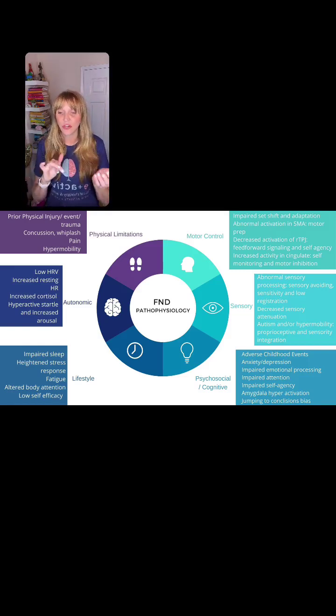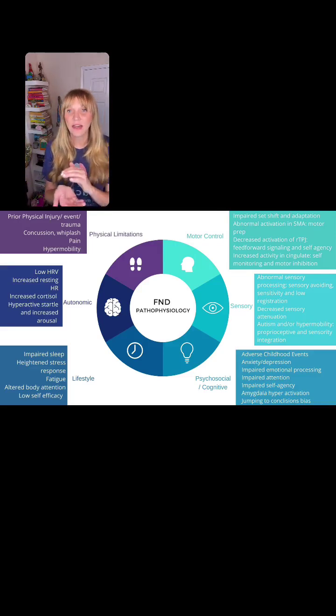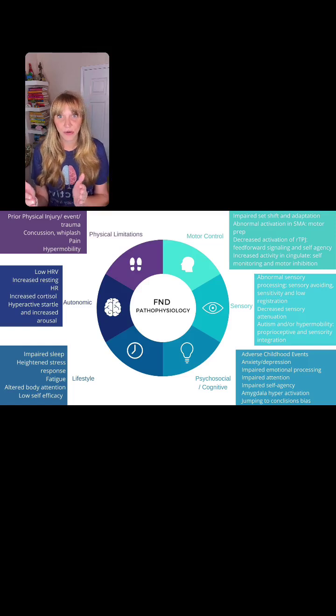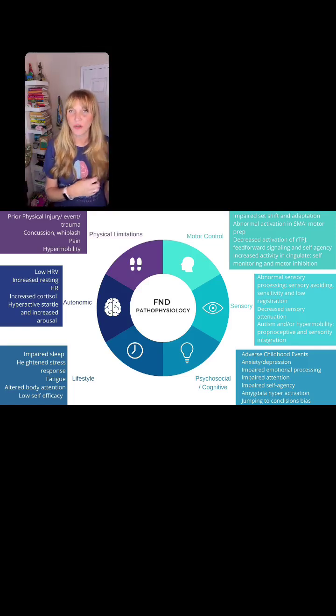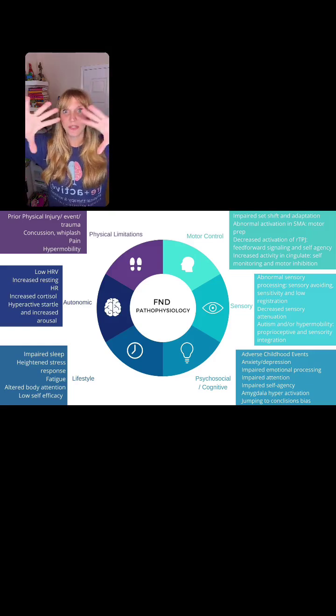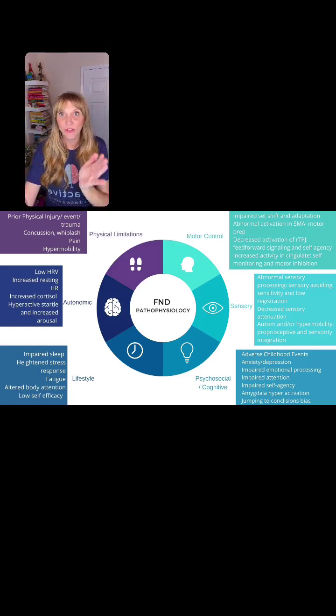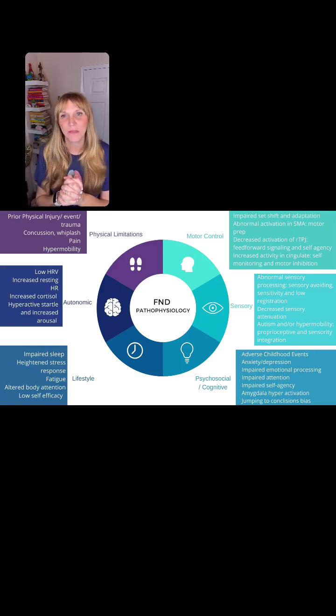And some of the literature has shown that self-efficacy and self-agency might be very low in people with FND, and we can build that through engagement in meaningful activities. This is a huge area for OT. Our OTs, PTs, psychologists, speech therapists, all of us really work on all of the pieces of the pie, but I think this is a very big OT piece of the pie.